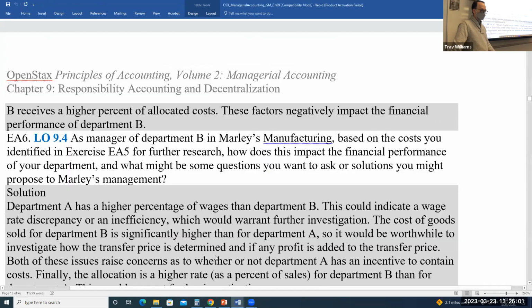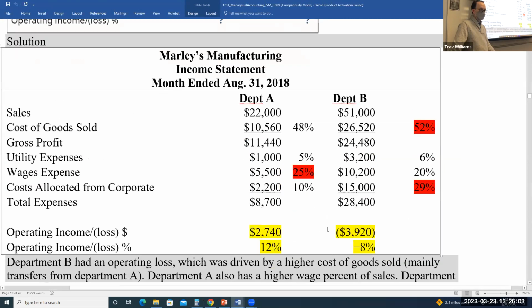And since we lost 3,920, if our costs reduced by 3,300, that's $3,300 we didn't lose, right? So what would be the amount of our loss in that case? 620.